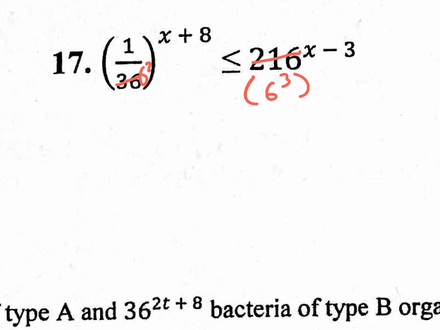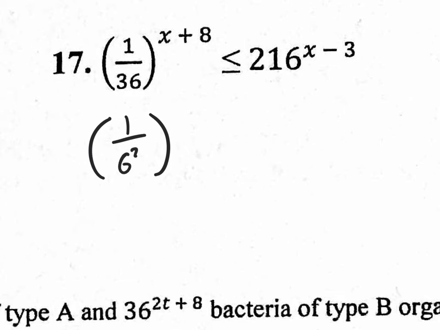So the 6 squared that's on the bottom, I'm going to move it up to the top by using that negative exponent rule. I'm sorry, you know what? I'm being lazy here. Let me erase this and show my work, all right? Check this out. The fraction 1 over 36, I'm going to rewrite it as 1 over 6 squared.